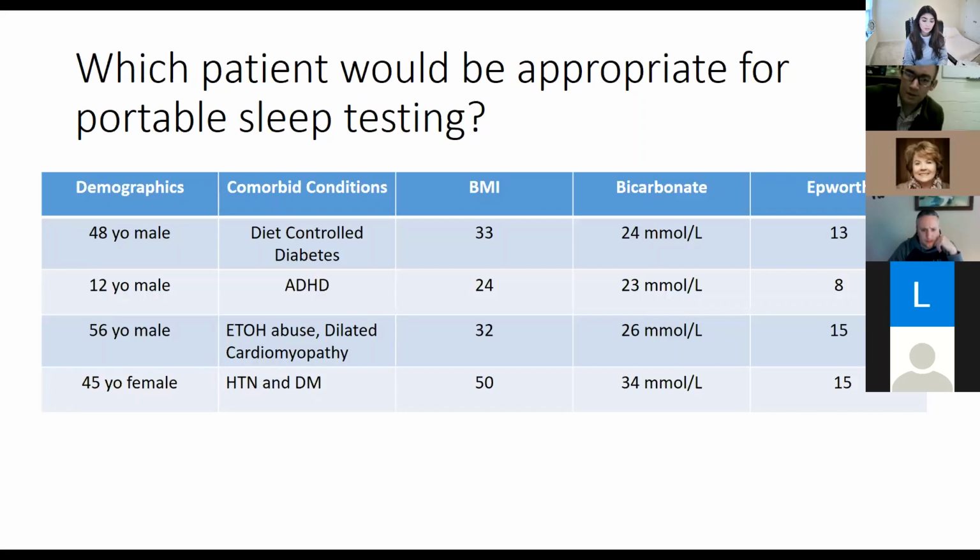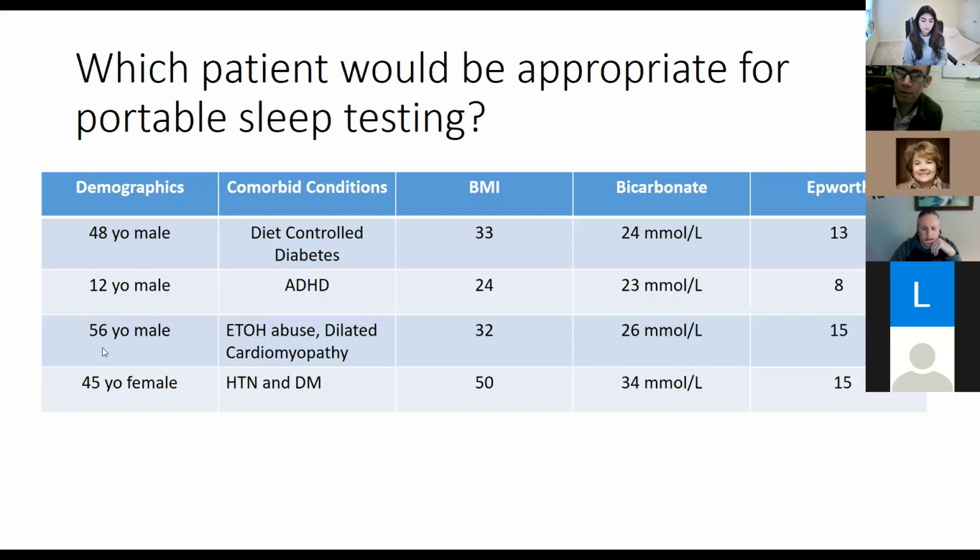And I think just for time's sake, I'll go through this. So, in kids, portable sleep apnea testing is not approved, actually. So all kids, per guidelines, currently need to come through the sleep center.